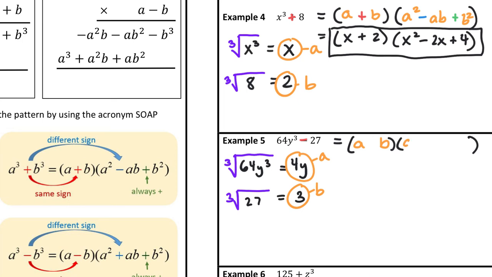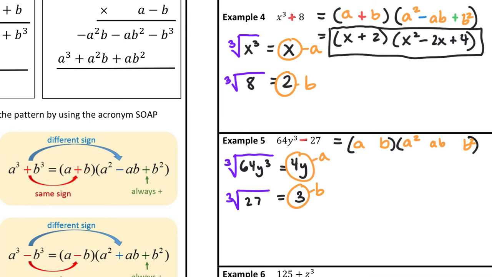So it's A B, A squared, A B, B squared. But then we have to fill in everything in between them, right? There used to be a sign here, a sign here, and a sign here. So 1, 2, 3. So it's going to be same, opposite, always positive.